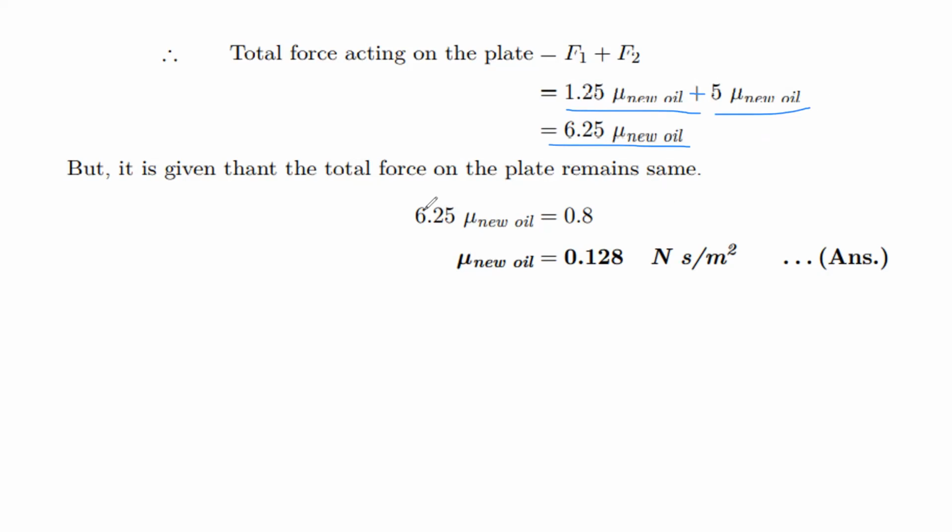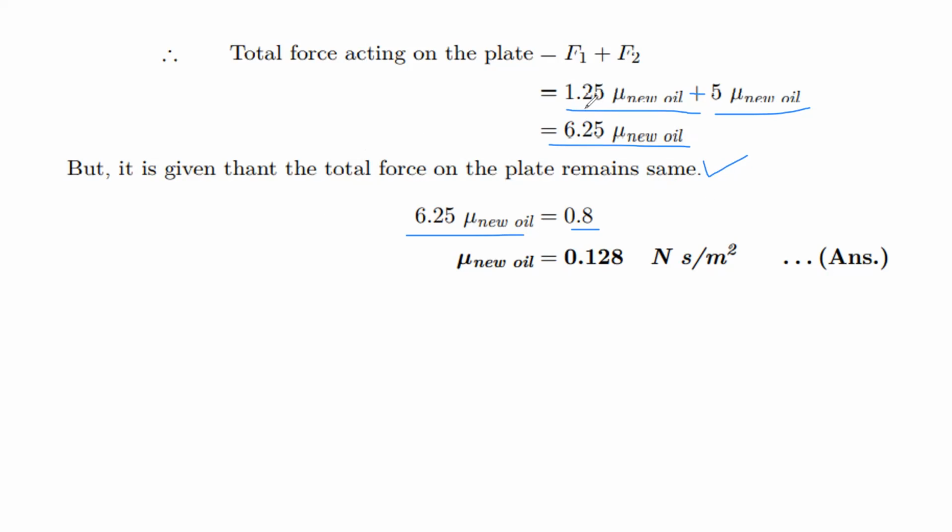So 6.25 times mu new oil will be equal to 0.8. How it will be? It is given that the total force on the plate remains same. So earlier case we have found total force. So force on one side is 0.4 in the first case, multiplied with the 2 forces on the two sides of the plate, 0.8 we got. In the problem he has told total force remains same.